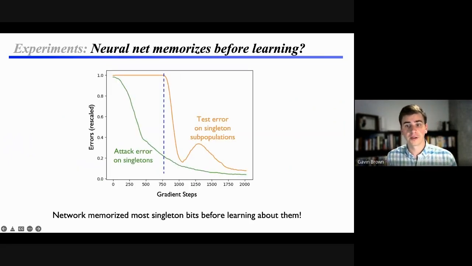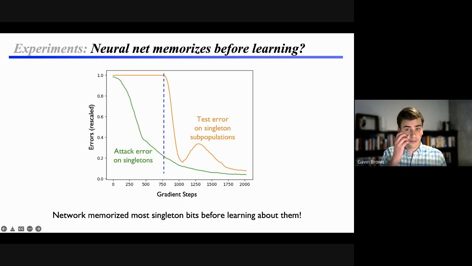I want to mention one other neat empirical result. This is a plot of the neural network attack error, as before, along with its test error, but only on the singleton subpopulations. As you can see, eventually it does well on these subpopulations on the right-hand side, but for a while it has 0 accuracy.